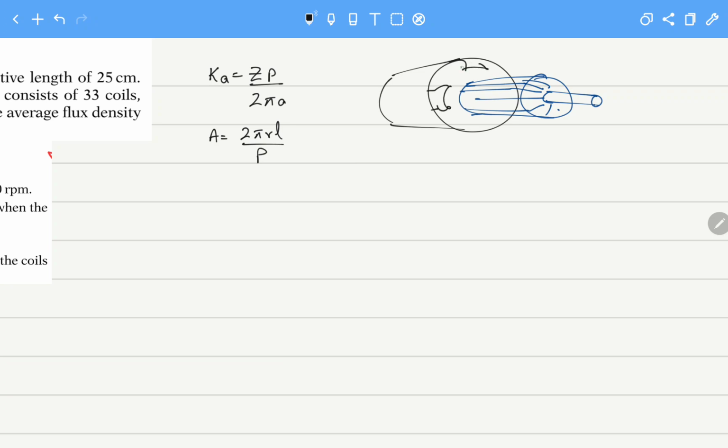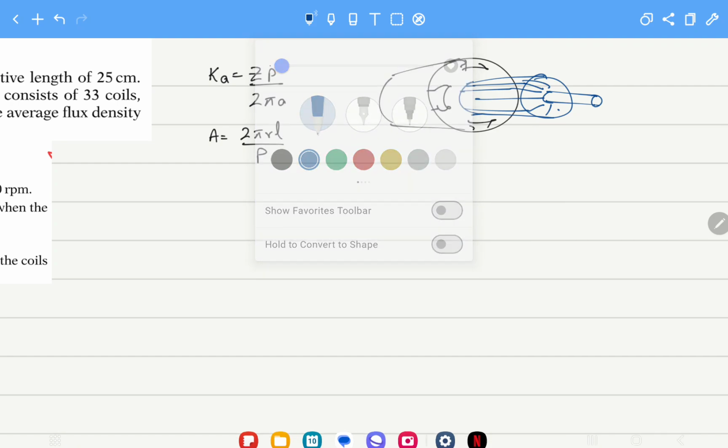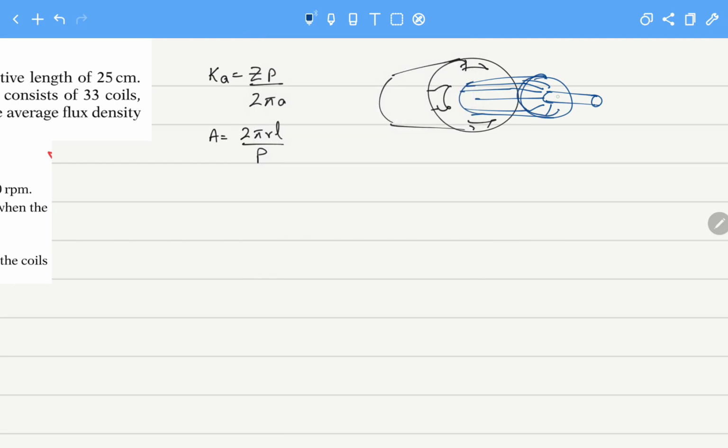Two pole, or we can have a four pole machine. Now for the rotor, the armature side, the windings are of two types, referred to as lap winding or wave winding.